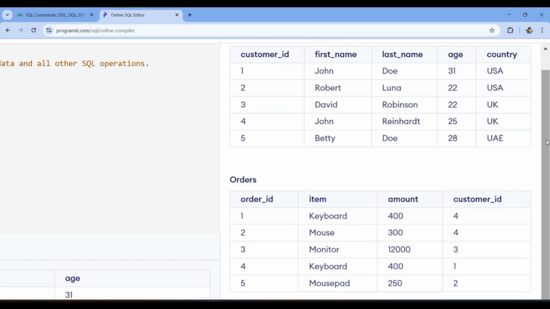Now, David, you might have said it by mistake also correctly, but let's see the other one. Who is the customer who has bought, let's say, mouse pad? Robert or Betty? Someone said Betty also, someone said Robert also, right? So who is that person who has bought mouse pad? Yes, mouse pad, right?